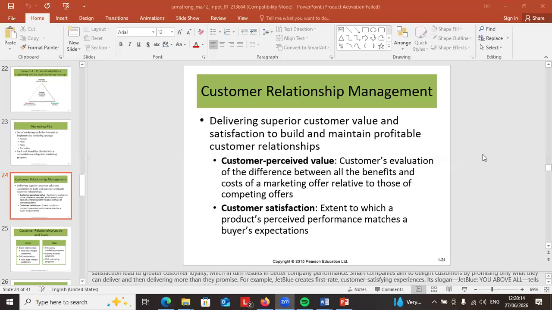Okay. So I was on the example of customer satisfaction and how it results in customer loyalty and by extension leads to customer delight, right?